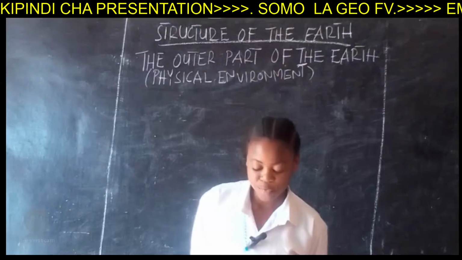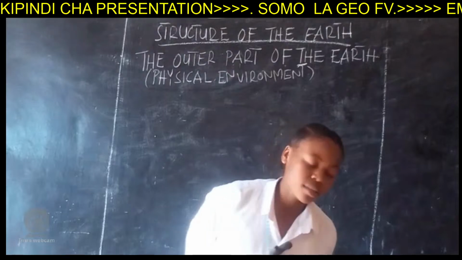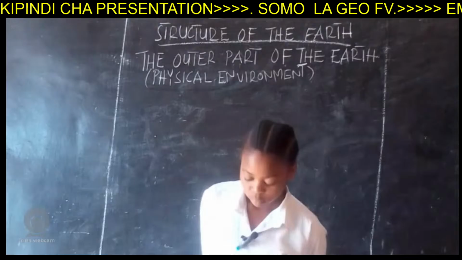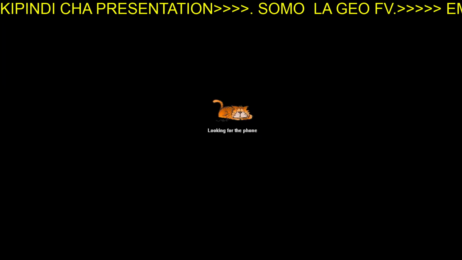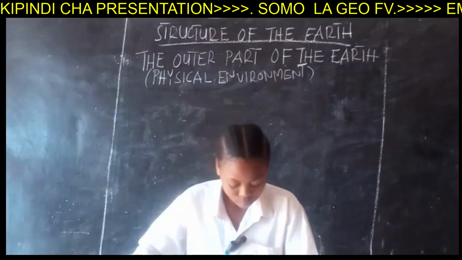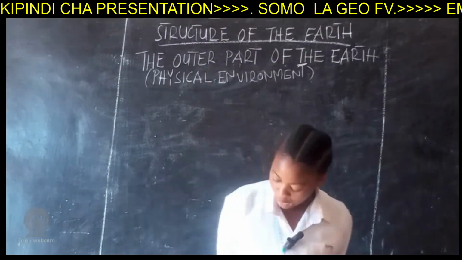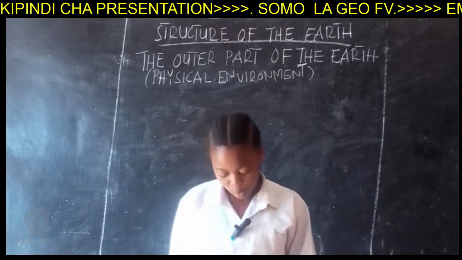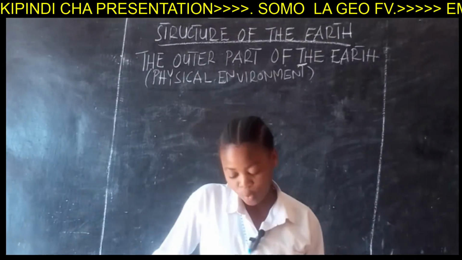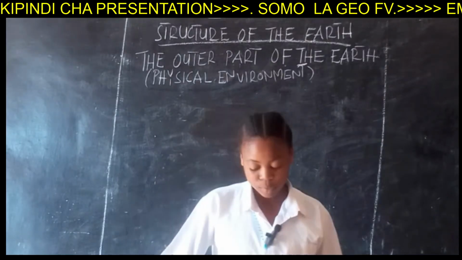For this layer of crust or lithosphere, sima is the layer of silica and magnesium.